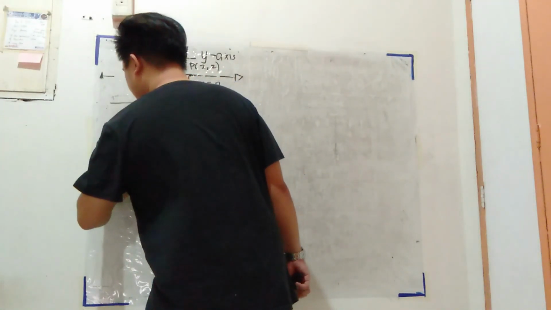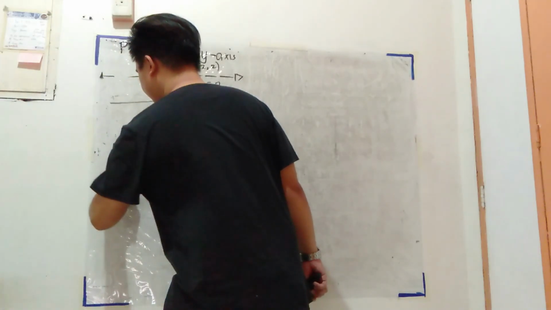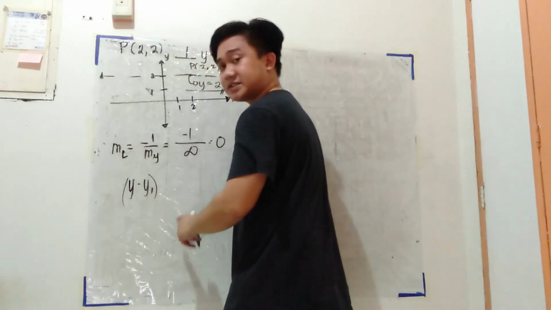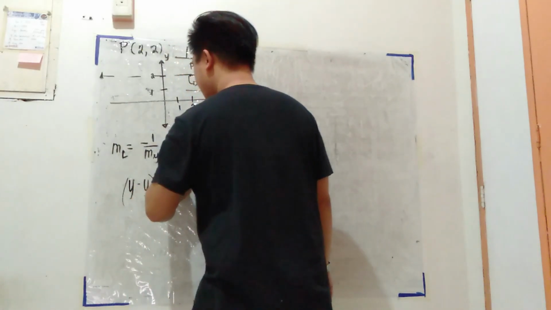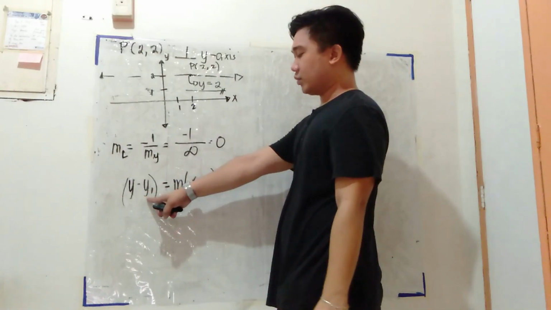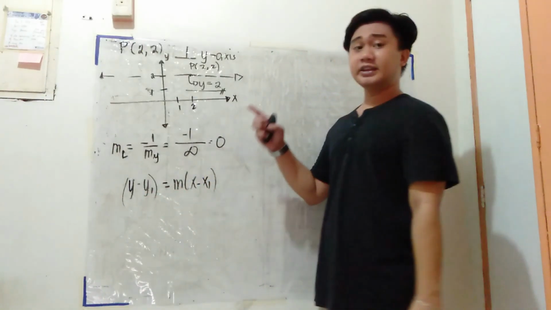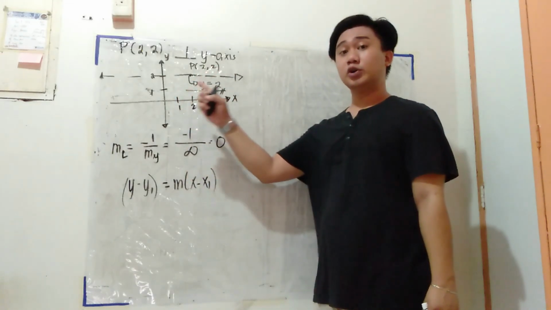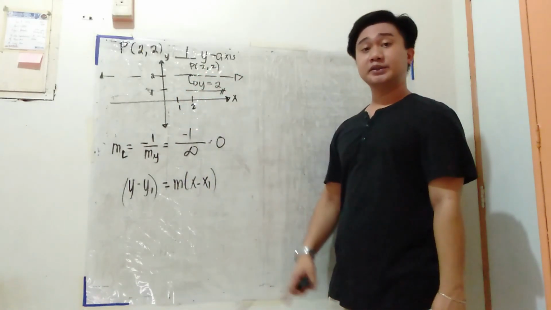And then use the point-slope form, that is y minus y sub 1 equals m times (x minus x sub 1). Where do you get y1 and x1? From the given point where the line passes, that is (2, 2).